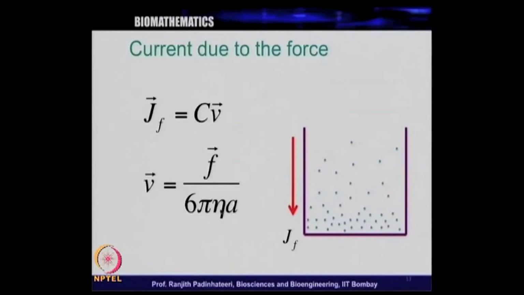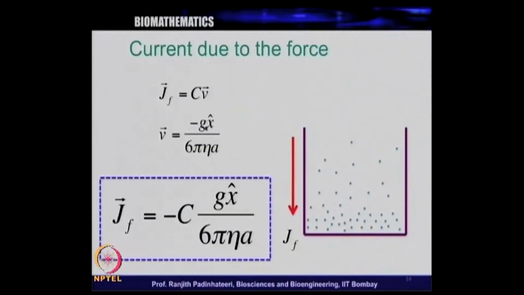So there are quantities which you should remember: eta is the viscosity, a is the size of the particle, and F is the force acting on this particle. If you know this much, the velocity is this, and the flow is proportional to the velocity. The more the velocity, the more the flow is. So the flow downwards is C times v.